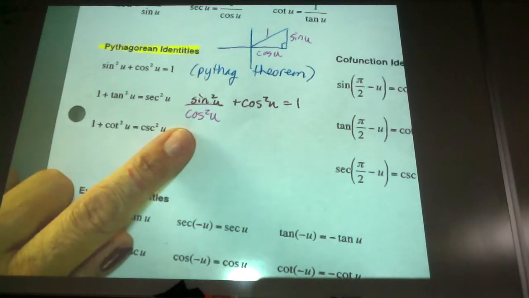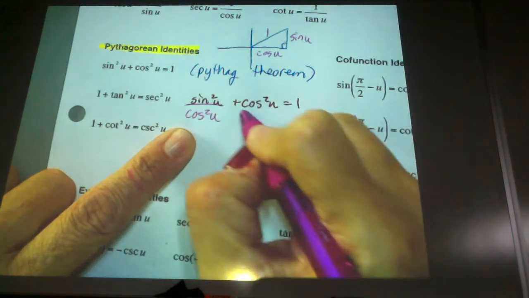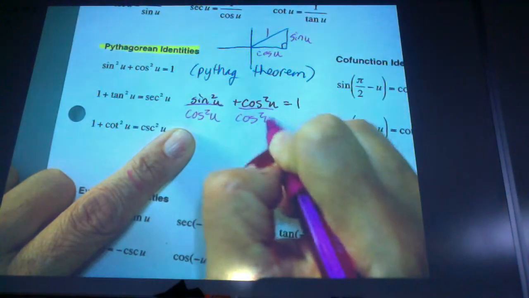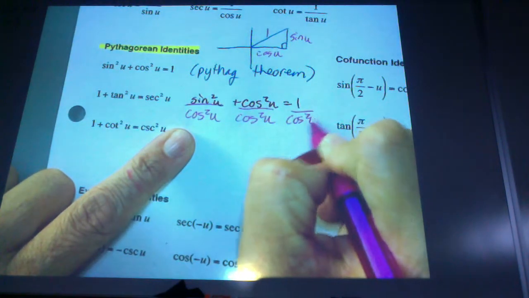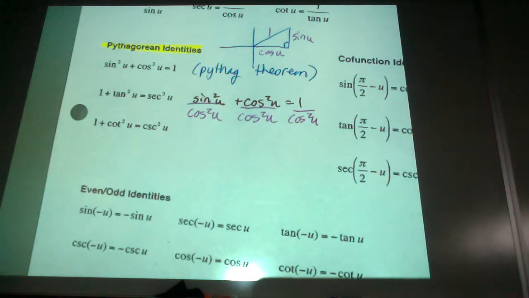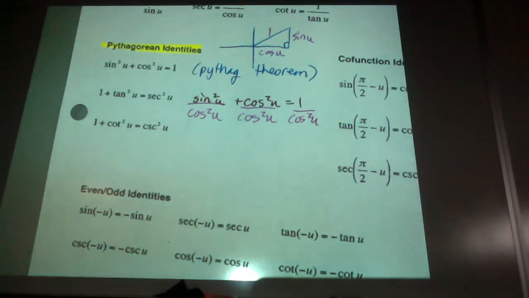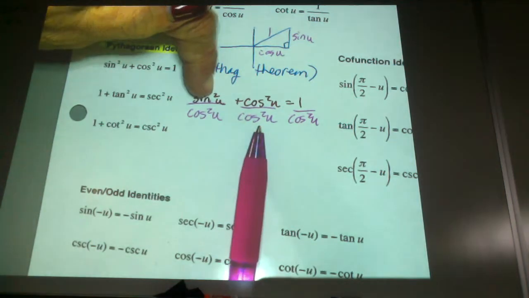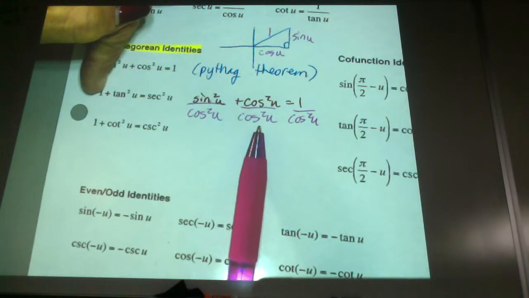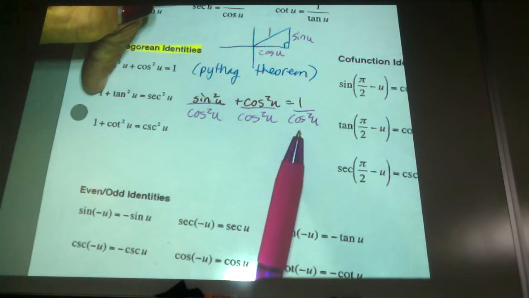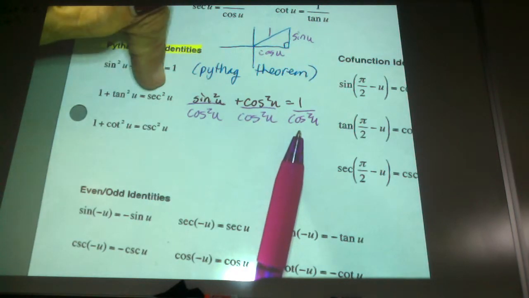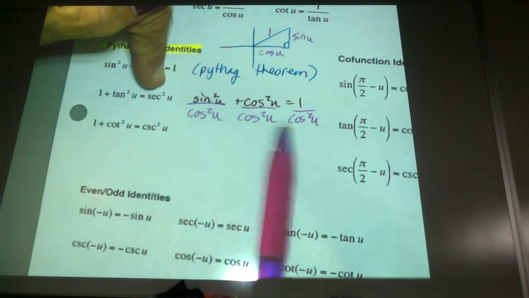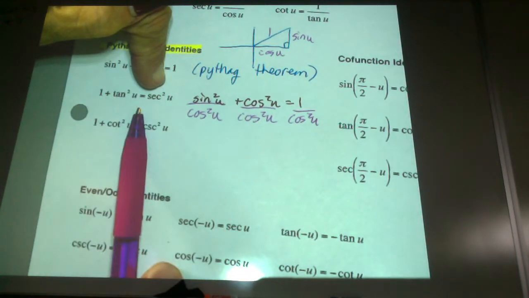But if I divide one term in this equation by cosine squared, I have to divide every term by cosine squared. So to get the two different formulas, you're going to divide one equation by cosine squared. This gives you your tangent squared. Cosine squared over cosine squared gives you the 1. And then what is 1 over cosine squared? Reciprocal, secant squared, right?